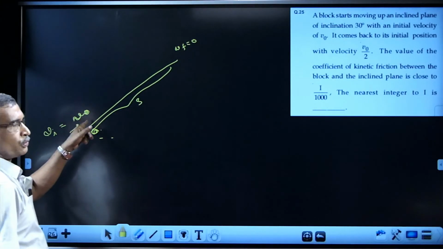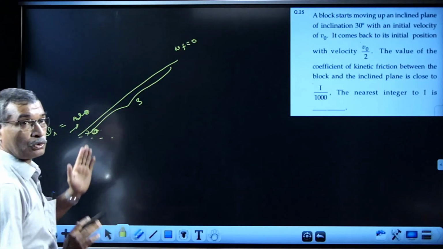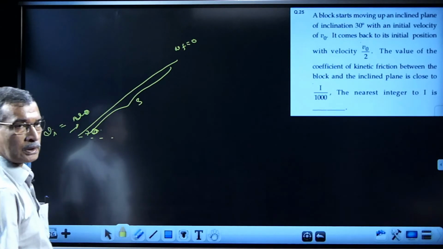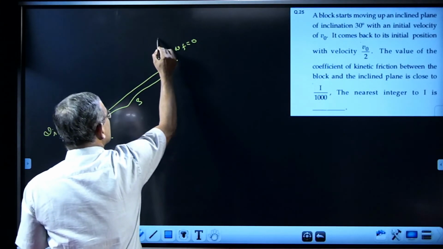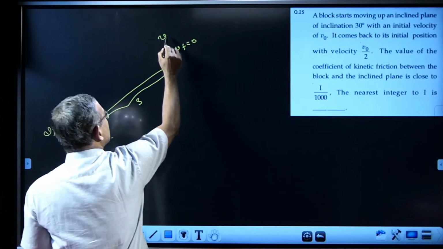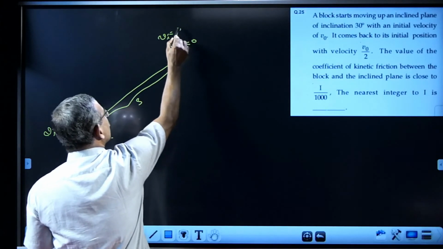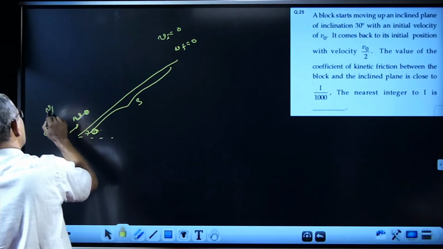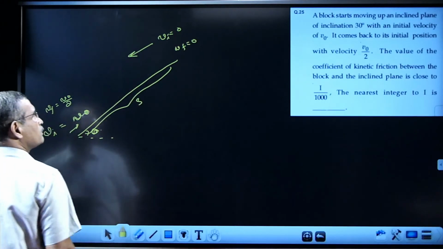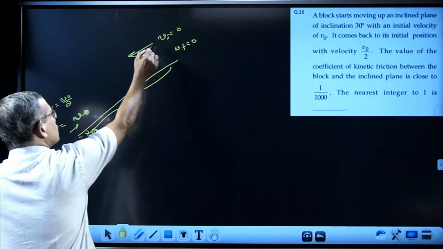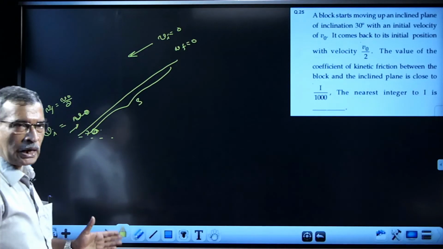Whereas in the reverse journey, the initial velocity is 0 and the final velocity is v0 by 2. This is the upward journey, this is the downward journey.